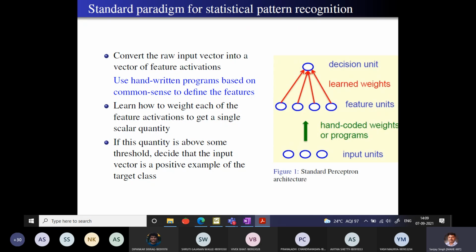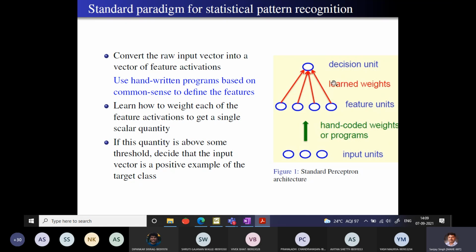And if I go for a diagrammatic approach, this is what you have. You have all the inputs, the attributes, and you have hand coded or found some sort of feature units. For those feature units, you will also know how the weights are given, meaning which features play a significant role and which are less significant, etc. And then finally you decide.